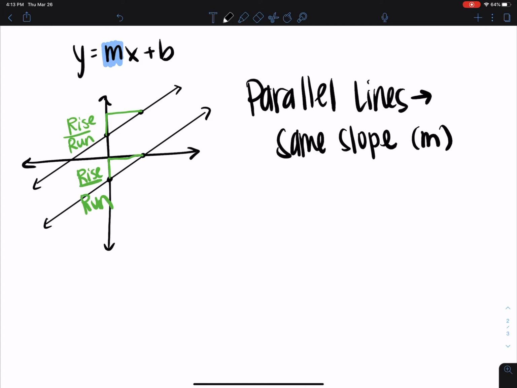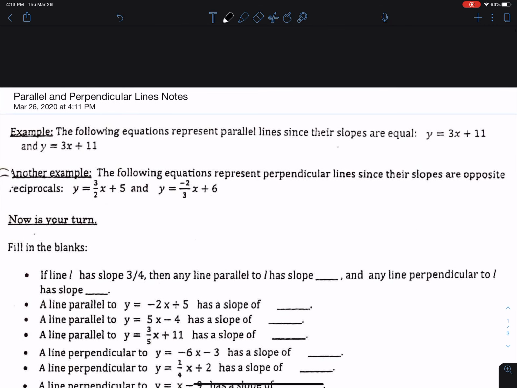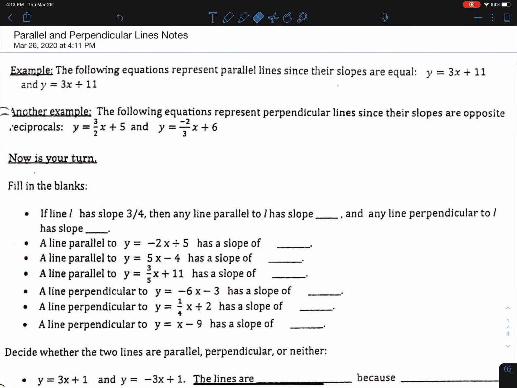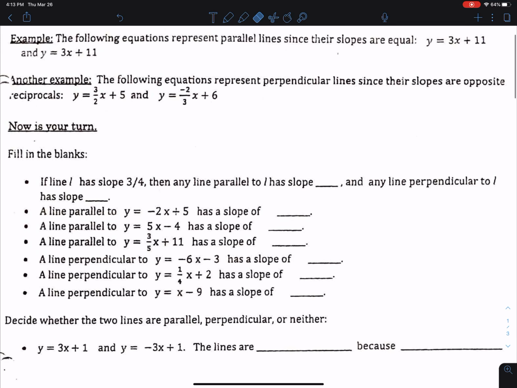Now, up here in the notes, it says, example, the following equations represent parallel lines since their slopes are equal. We have y equals 3x plus 11 and y equals 3x plus 10. Even so, they would still be parallel.